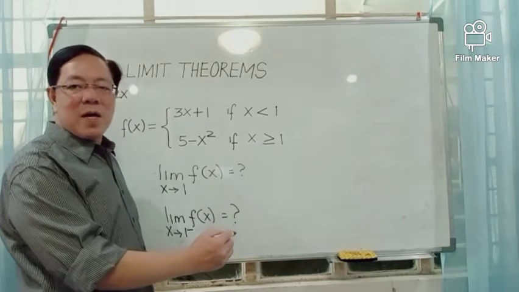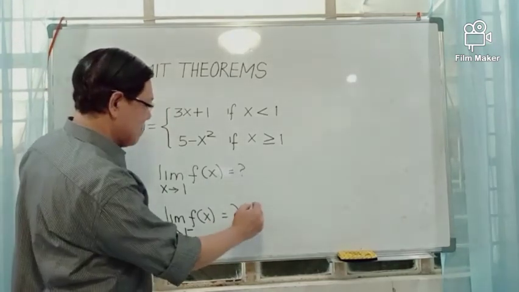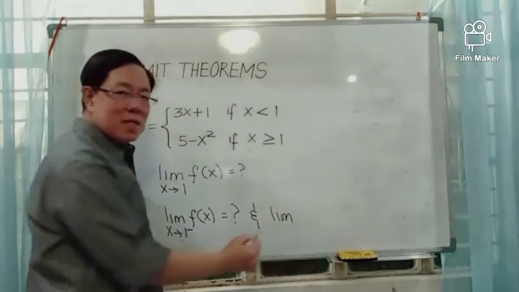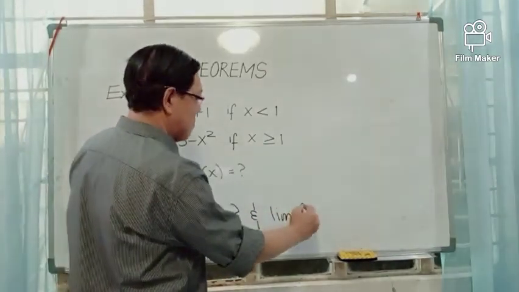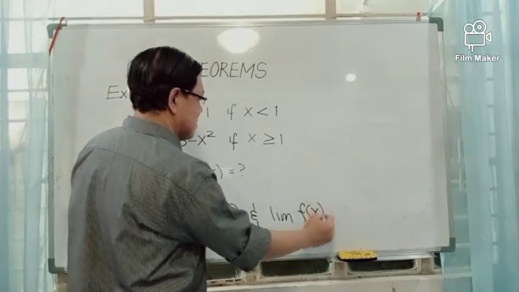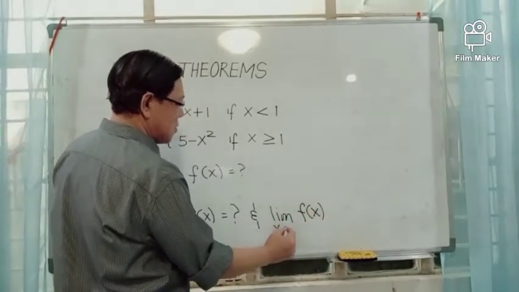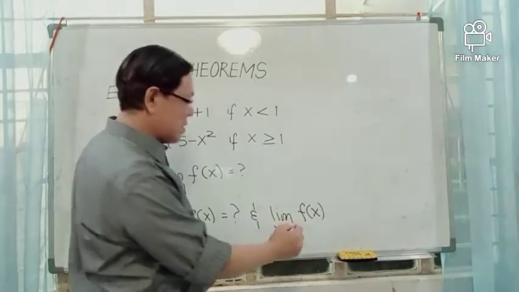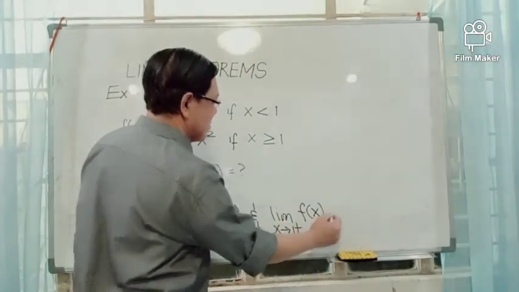And we will also find the right-hand limit. The right-hand limit is given by the limit of f of x as x approaches 1 from the right, indicated by the positive sign or plus sign.